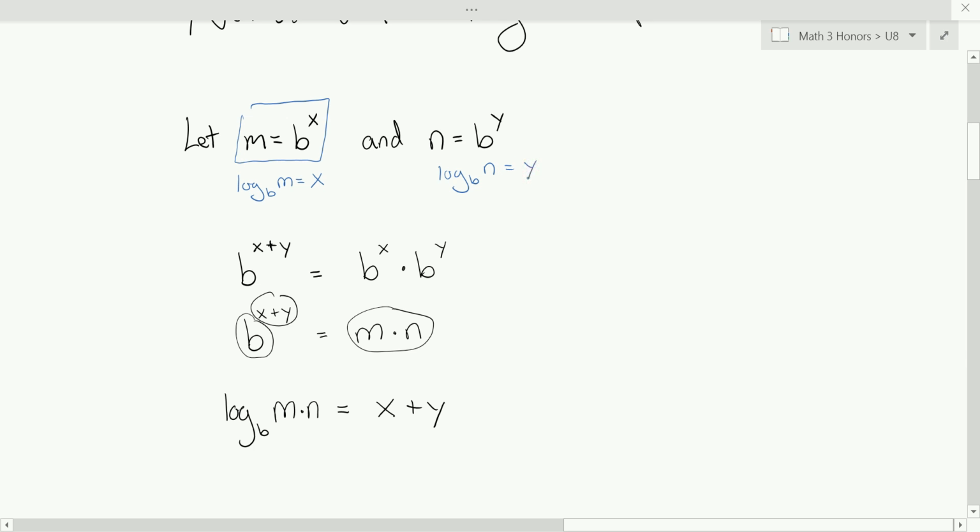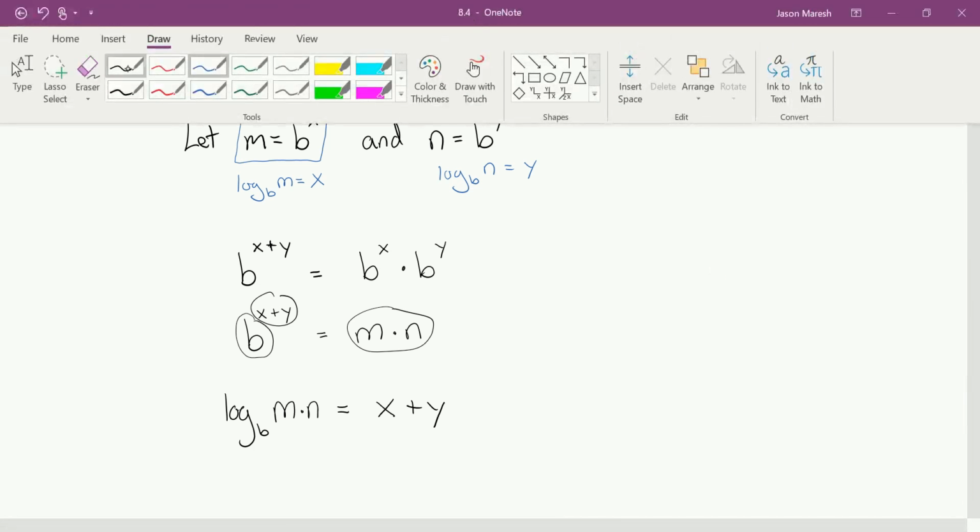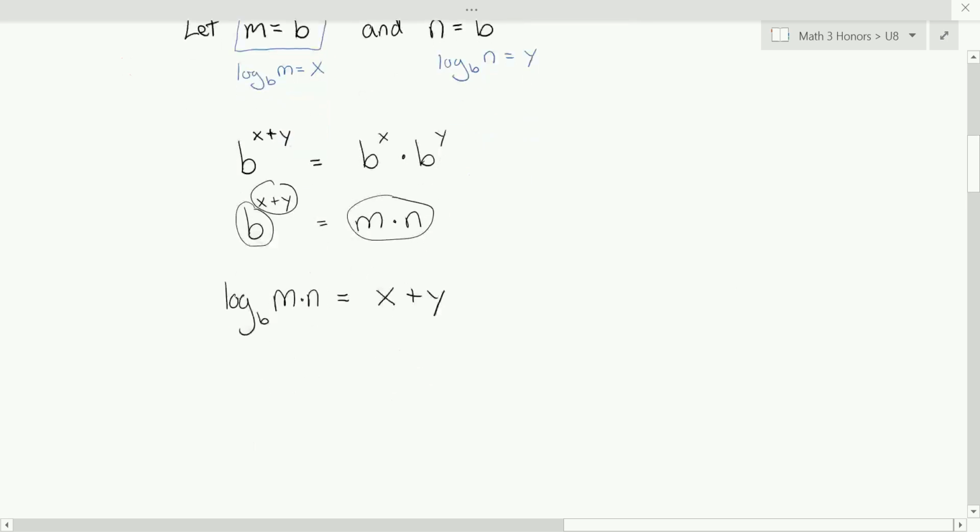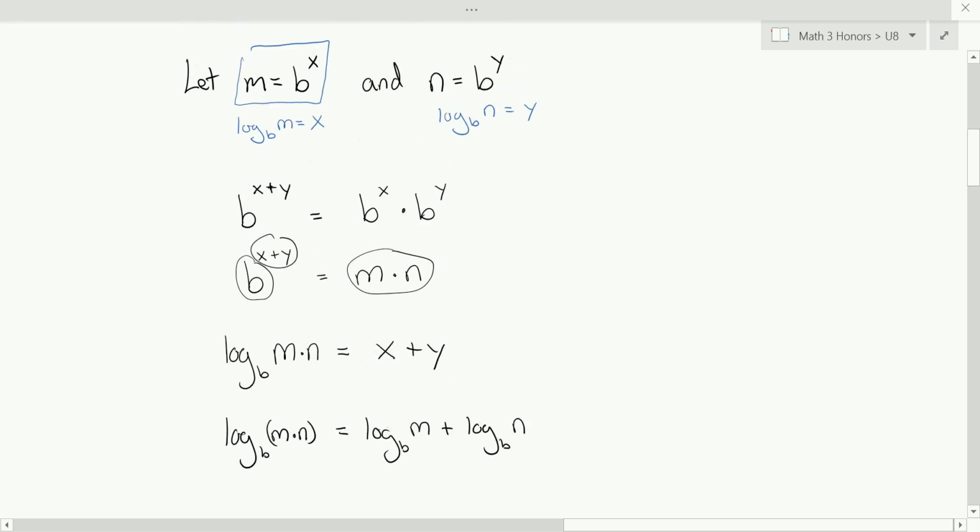And we have our x and our y down here, and now I'm going to change x and y to what they're equal to, their log forms, and that will be our first property that we're showing, that the log base b of m times n is the same thing as the log base b of m plus the log base b of n. And that's called the product property.